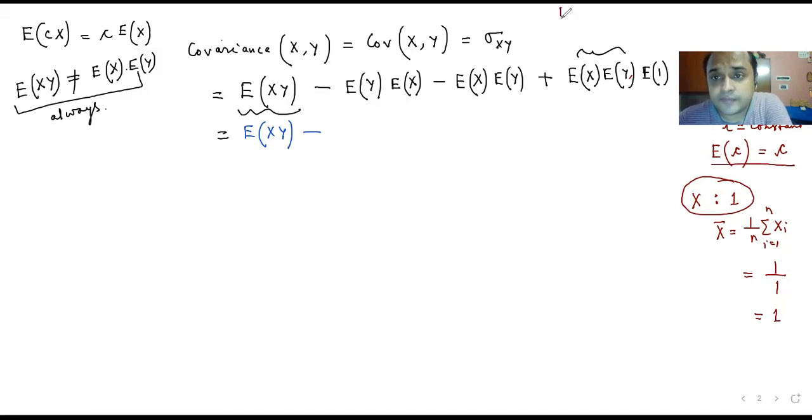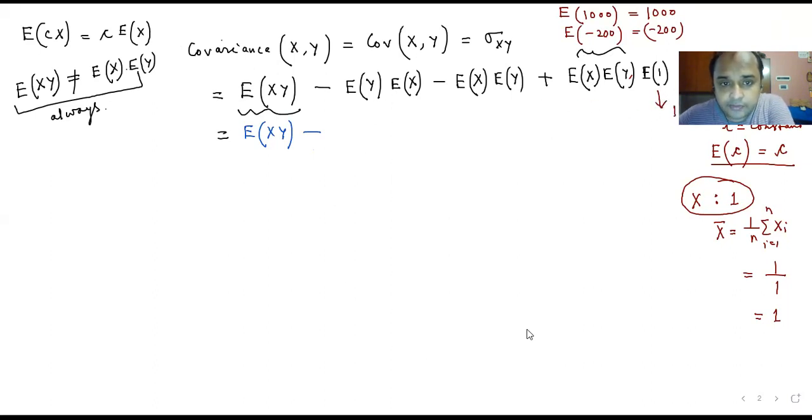Expectation of 1000 is exactly equal to 1000. If I write expectation of minus 200, it is exactly equal to minus 200. So expectation of a constant is always that constant. So expectation of 1 will be 1.